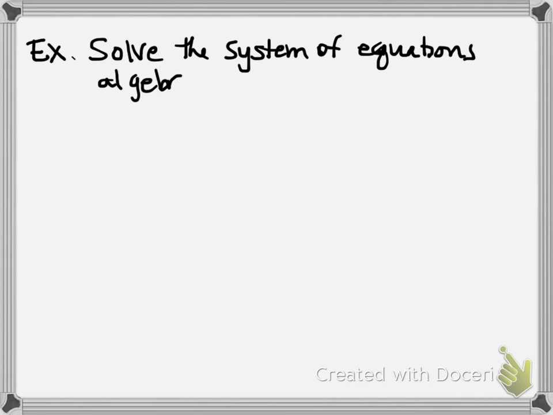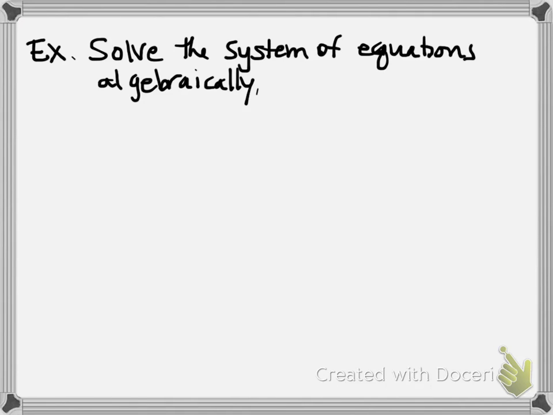Now, what's cool about this strategy is that you can use it all the time in a system. There's some problems that lend themselves to it, and then there's some problems you have to do some work to be able to use it. But you can use it at any time. I'm going to teach you some other strategies next week, but this one can be used all the time. Sometimes, though, when you use it with some equations, you create a bunch of fractions, and that becomes a nightmare to deal with. So there's other strategies that help alleviate that.